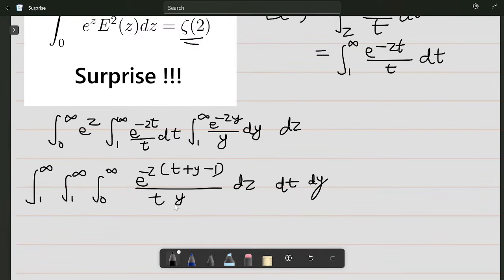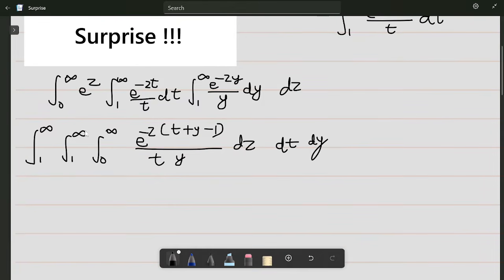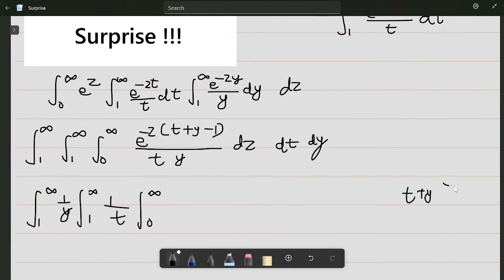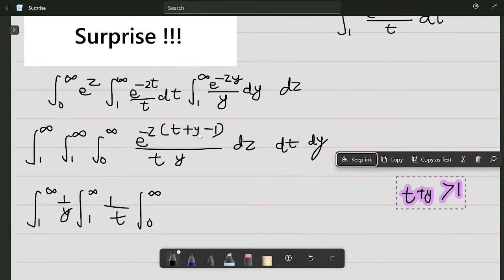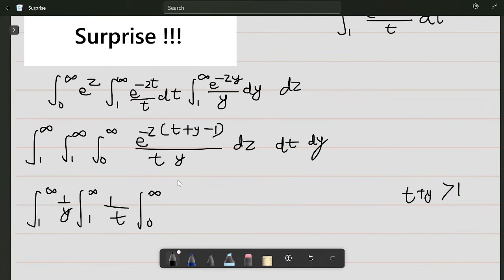Now these t and y are actually constant for the g integral, so I can write 1 by y over here and 1 by t over here, from 0 to infinity. And now we need to integrate this thing. Let us suppose that t plus y is greater than 1, so that this thing over here is positive.